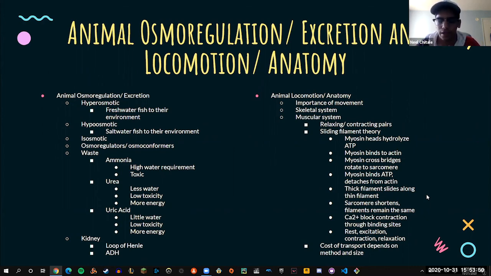And so this transport can be very costly in energy, but that energy cost also depends on the method or the medium that transport is being taken in, as well as the size of the creature.